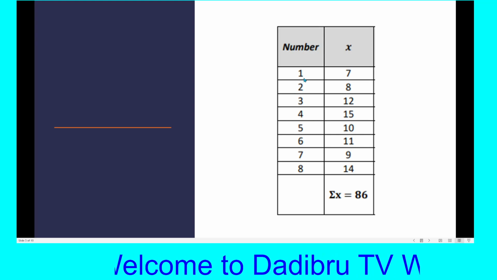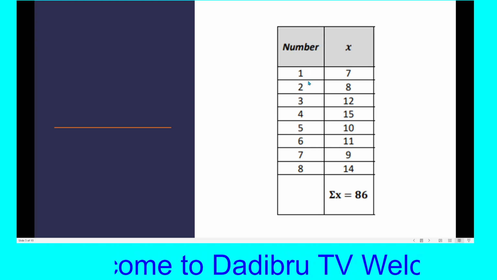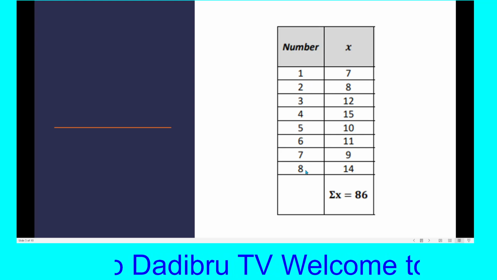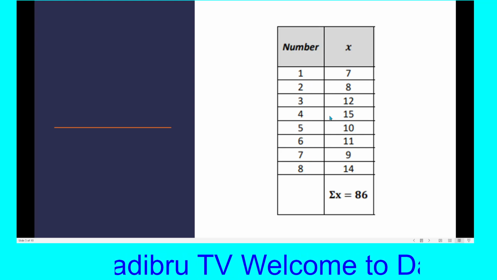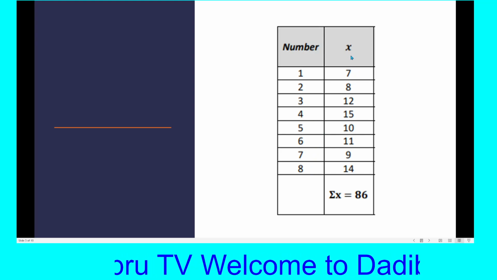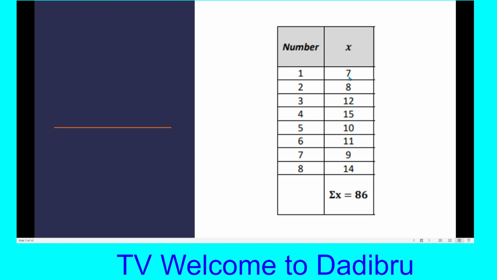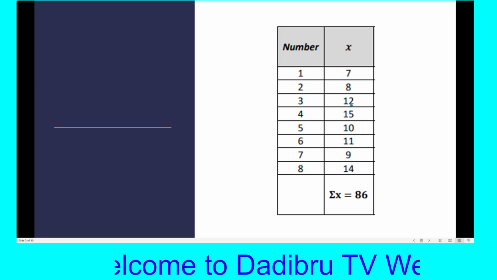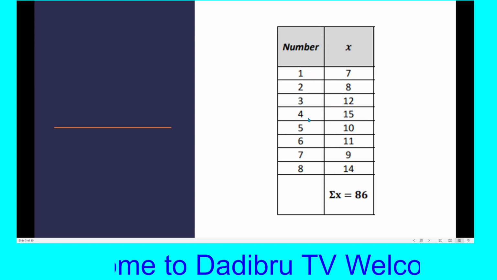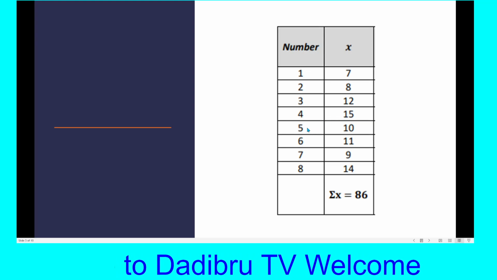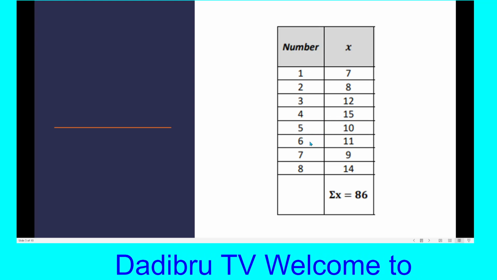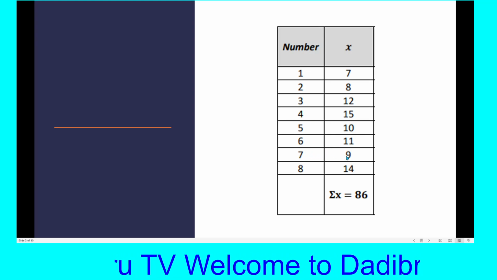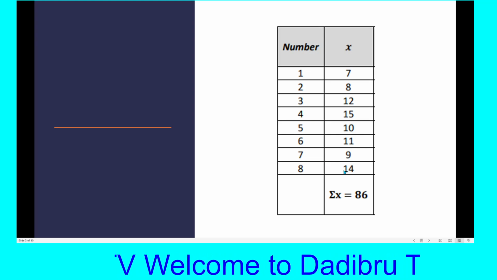So we have numbers 1 to 8, since there are 8 students who took the statistics quiz, and let x be their scores. Student 1 got 7, student 2 got 8, student 3 got 12, student 4 got 15, student 5 got 10 points, student 6 got 11 points, student 7 got 9 points, and student 8 got 14 points.